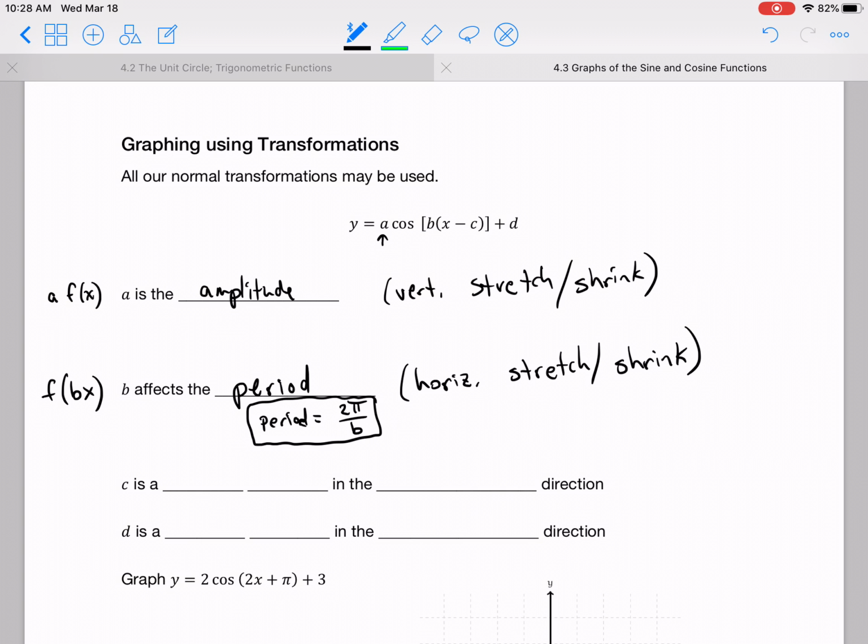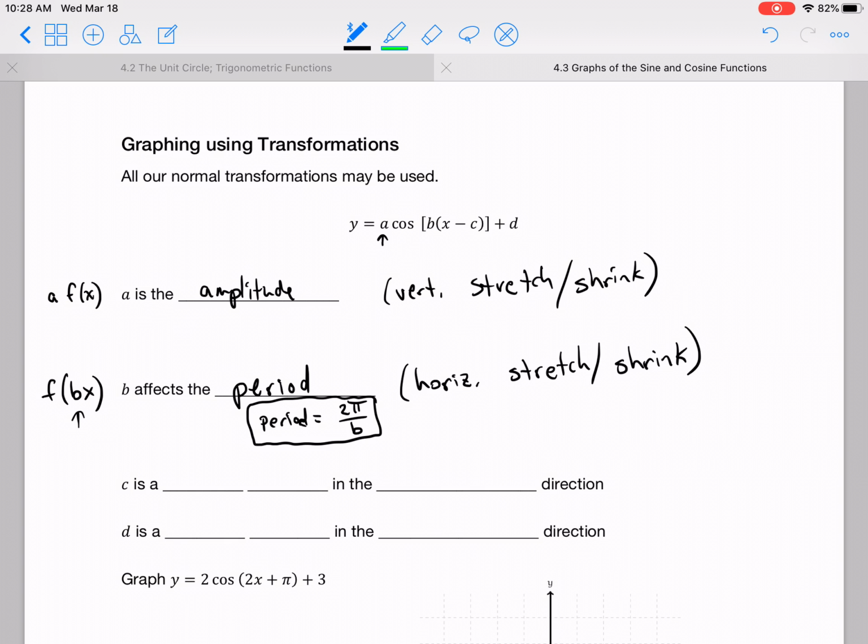Because if you think about this, that's important, this idea. Remember, whenever we did this kind of a horizontal stretch or shrink, we did the opposite of what was there. So if b was a number greater than 1, it would be a horizontal shrink, which is why the period gets divided by b. And if b was a number less than 1, if it was a fraction, then we'd end up dividing by a fraction, which is multiplying by the reciprocal, and we'd end up getting a stretch here.